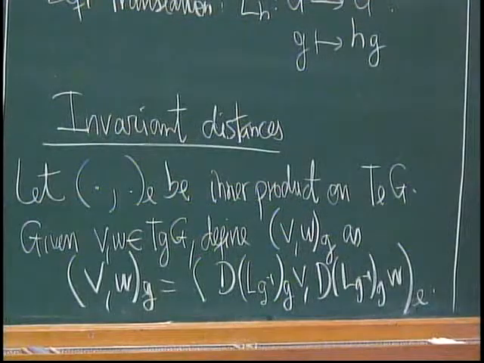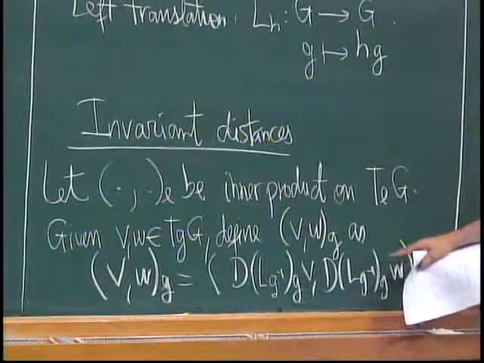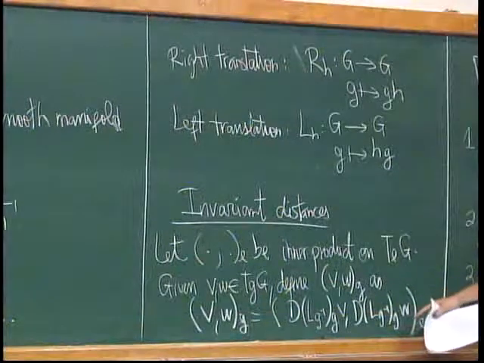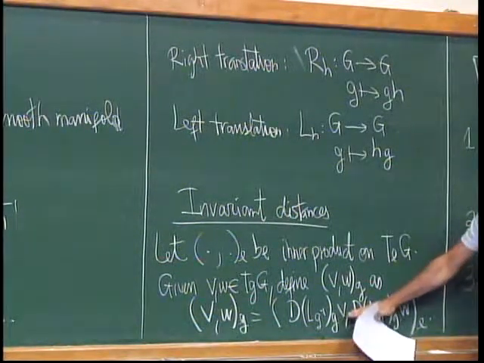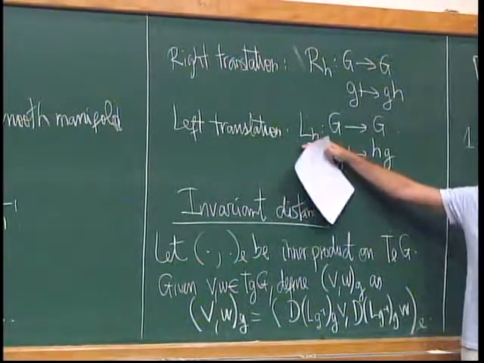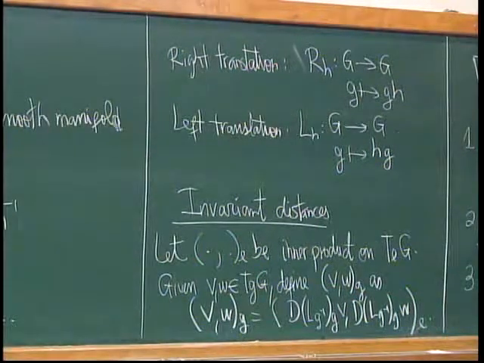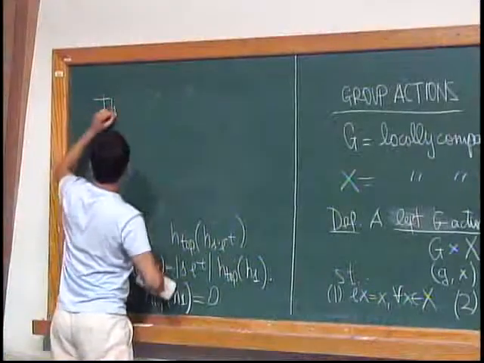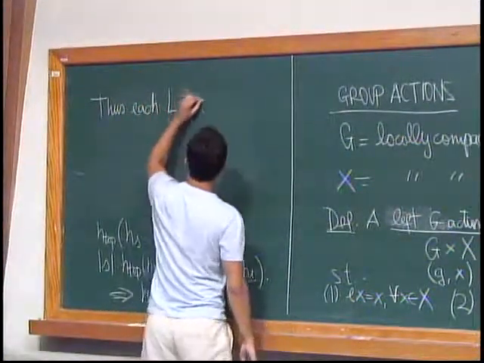Okay? So this is a way of using the symmetries of the group to define an inner product, a metric, on your group. And the main property, this equation actually tells you that left translations are all isometries. So with this definition, each left translation is an isometry.